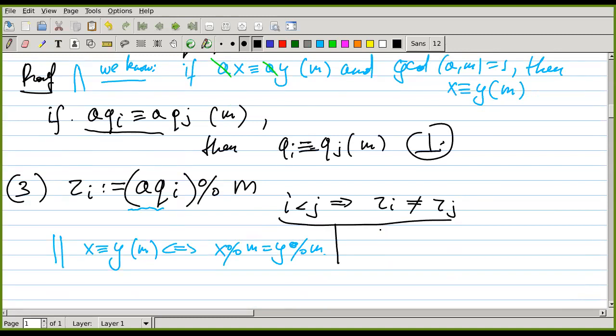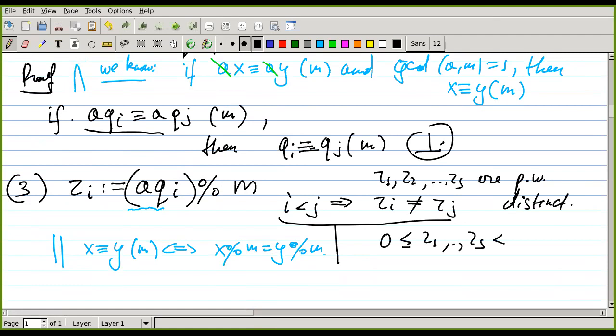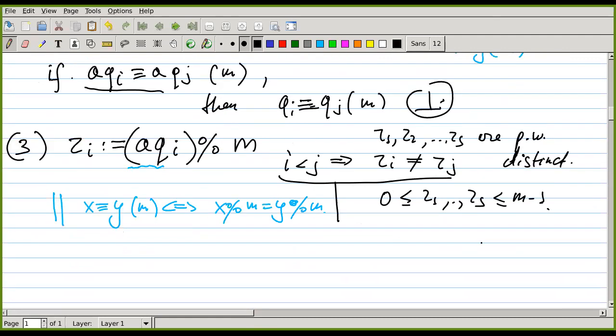Yes. So on the one hand, these numbers are pairwise distinct. So R1, R2, and so on up to Rs are pairwise distinct. On the other hand, all these numbers are, of course, between 0 and m minus 1. They are less than m by the definition of the remainder.